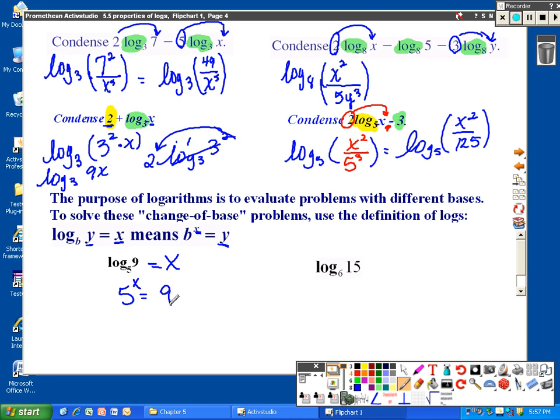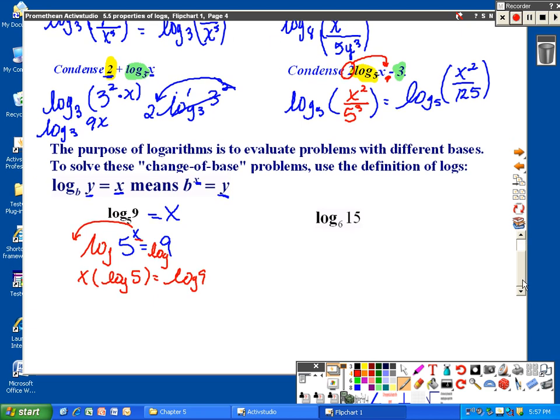Can you ever get 5 and 9 to be the same base? No. So this is where we can now log both sides. So here's my exponent, which comes to the front, and I have x times log 5 equals log 9. So if I'm solving for x, because I want what value it is, I divide by log 5.